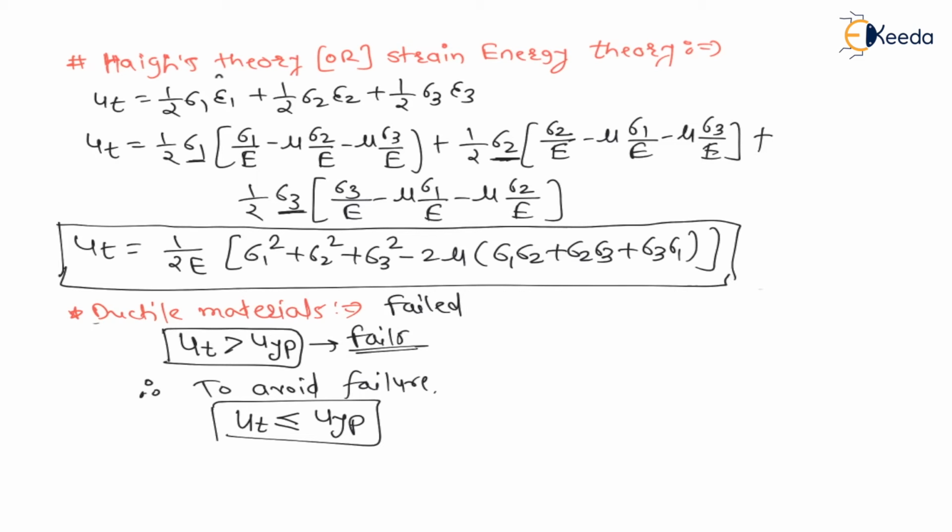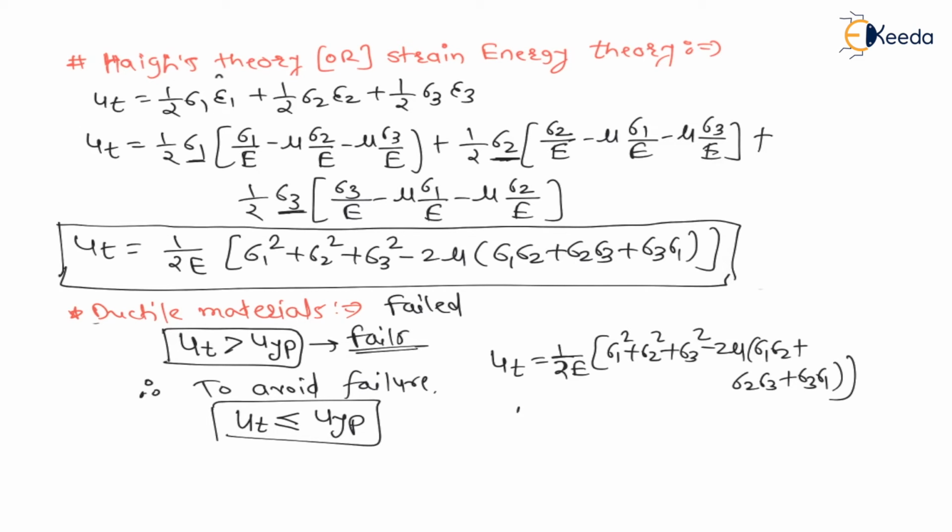Now we already have the formula of total strain energy UT, which is nothing but 1 by 2E into sigma 1 square plus sigma 2 square plus sigma 3 square minus 2 mu in bracket sigma 1 sigma 2 plus sigma 2 sigma 3 plus sigma 3 sigma 1. This is the formula for total strain energy. And what is the strain energy at yield point? It is nothing but SYT square divided by 2E.